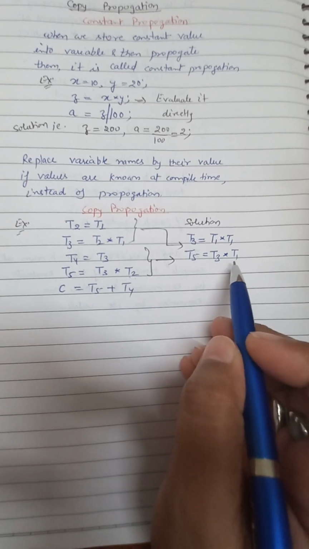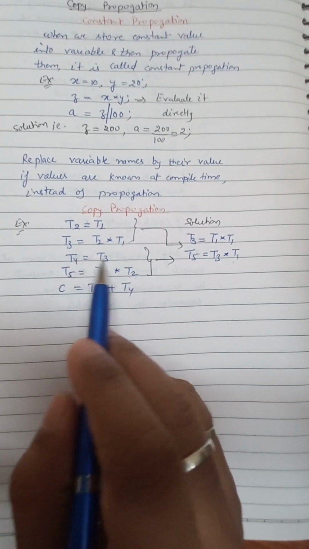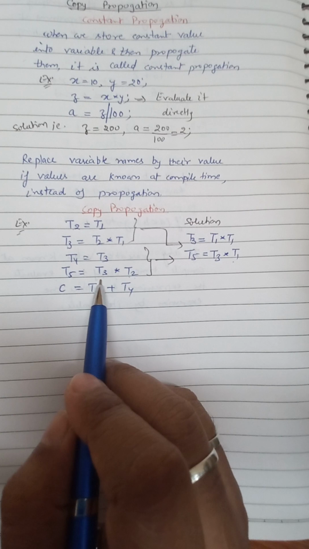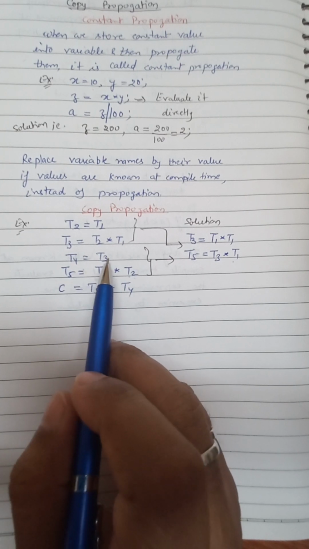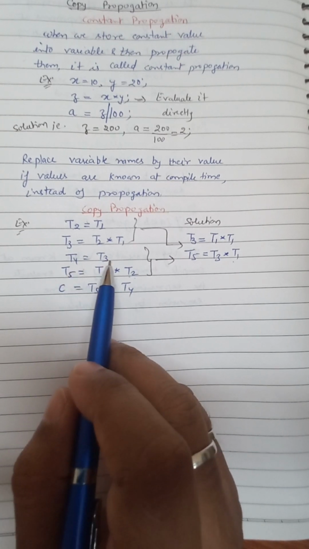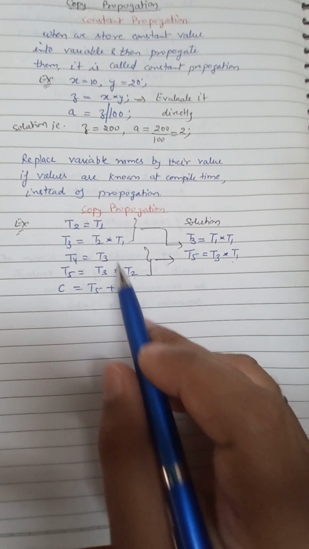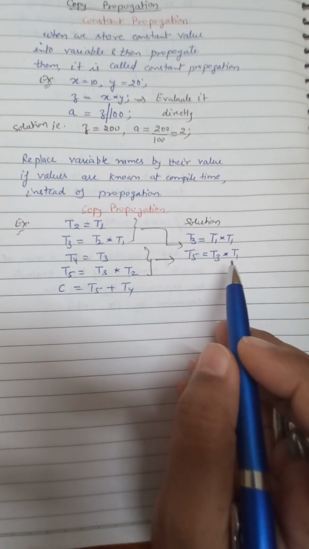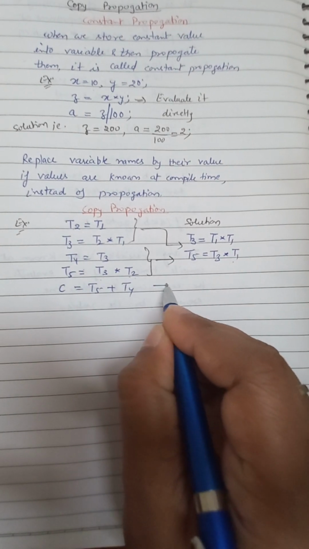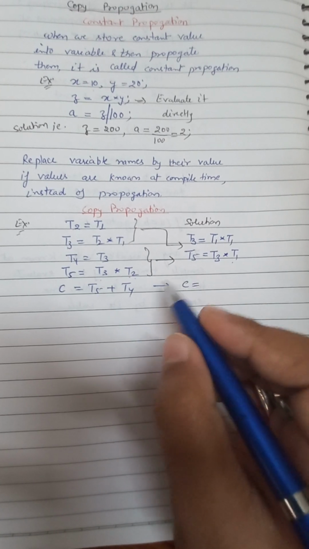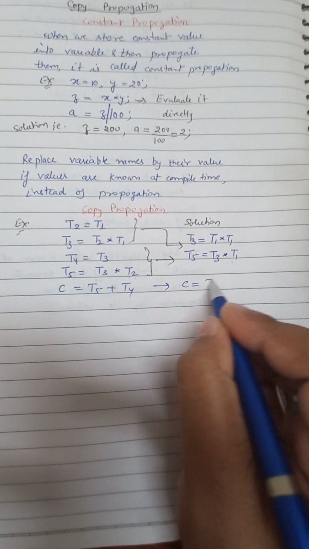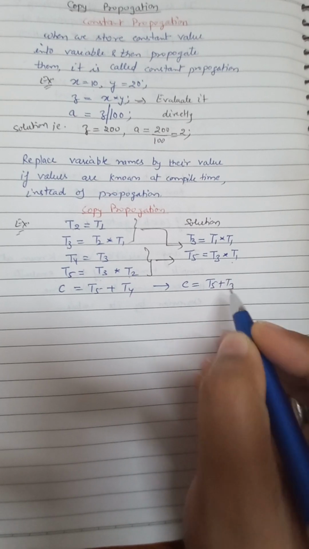And t4 and t3 both are same, so I can write directly t3. There is no need to define t3 to t4, no need to copy it. So instead of these two lines, I can write directly t5 is equal to t3 into t1. And this last line will remain same, because there is no copy propagation. So I can write c equals t5 plus t3.